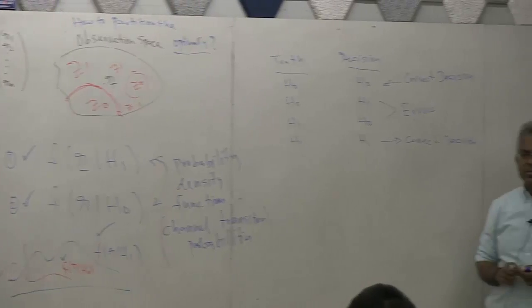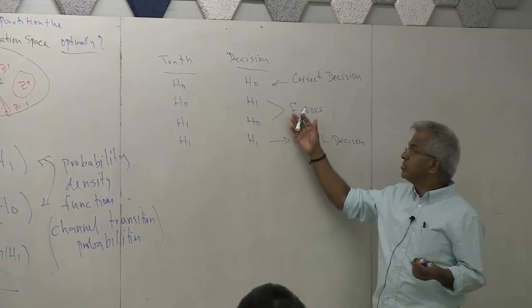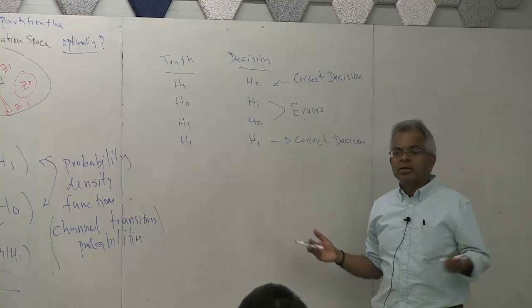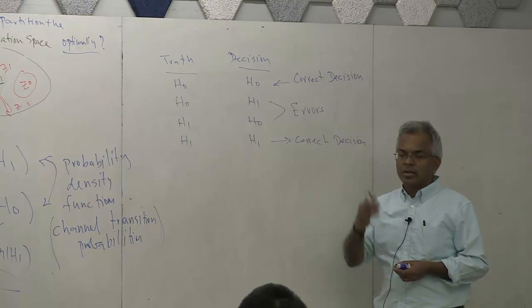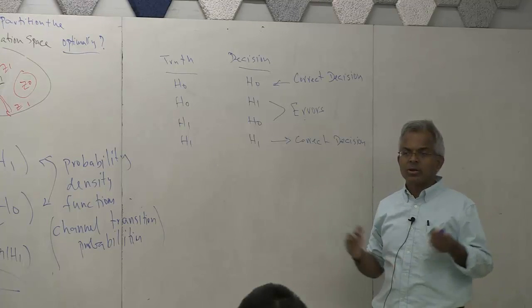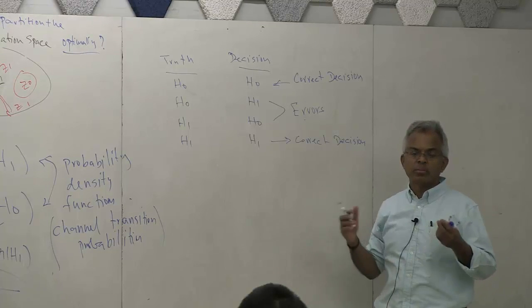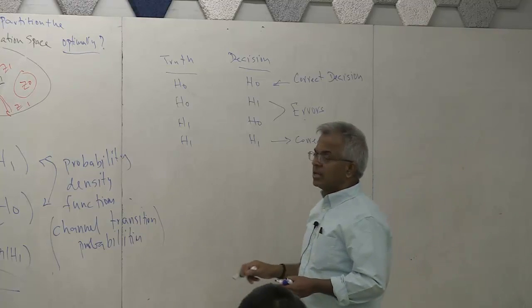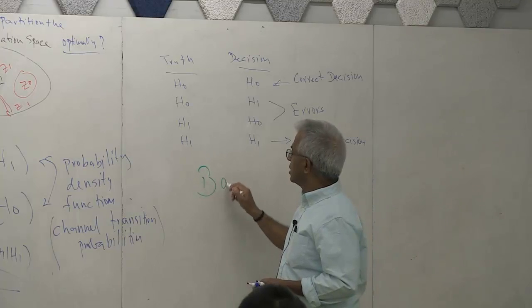Because the mantra in communication is to minimize the probability of error, always. So you compute an expression for the probability of error, minimize it, and go for the receiver. Whereas here we'll take a little more general approach.